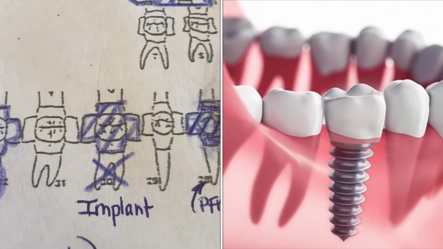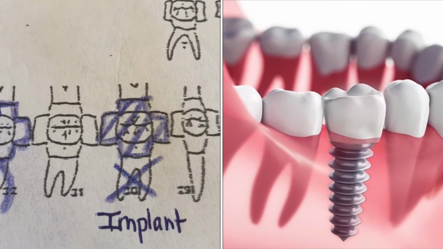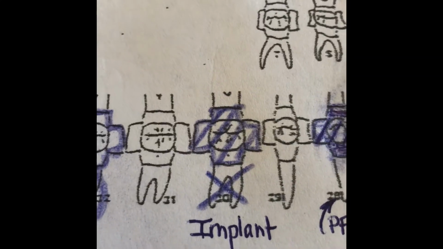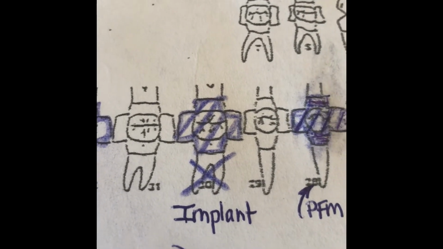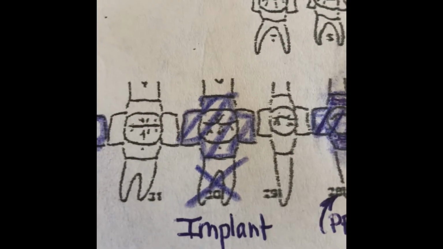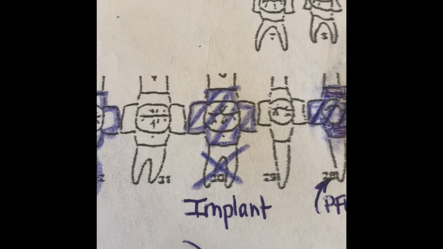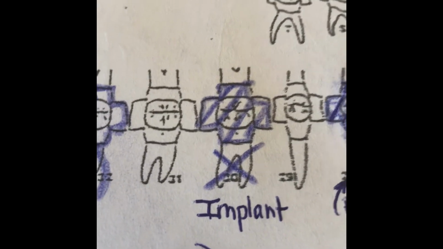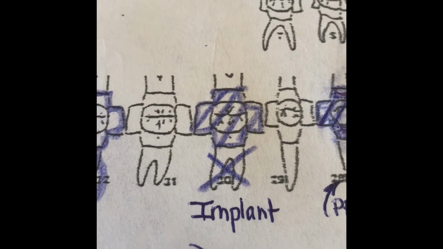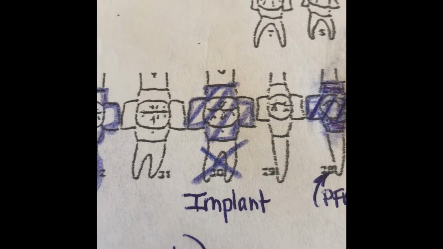In this case, this is an all porcelain crown on top of that body post and abutment. And underneath, we're actually going to write the word implant. Some places I have worked at put the letter I, but go ahead and write implant so that it's easy to determine that that is an implant. And when you're cleaning teeth, that makes it easy to know that you need to grab special instruments to clean around that implant. Okay.